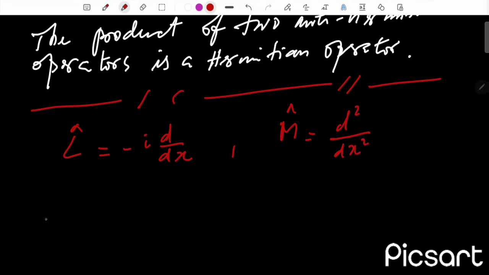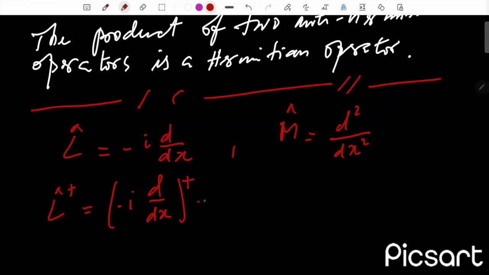Okay, if we have L equal to minus i times d over dx, then its conjugate operator will be equal to minus i d over dx, dagger.